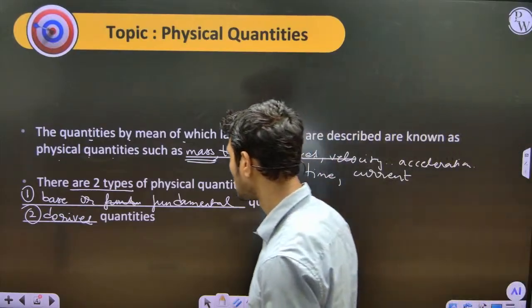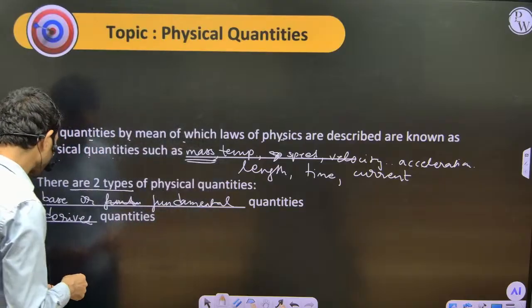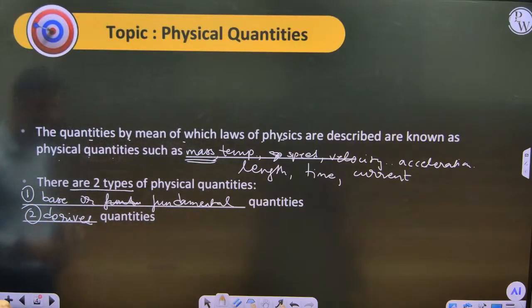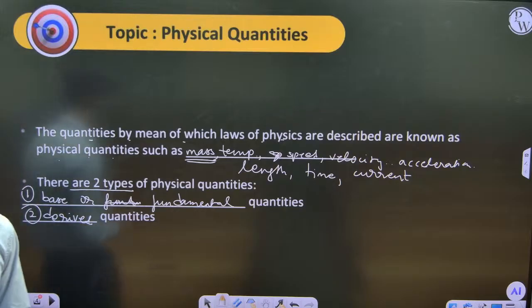So let us start with derived because it's easier to understand base once you understand derived quantities, right? If you want to take this down, I'll hold on for a minute.